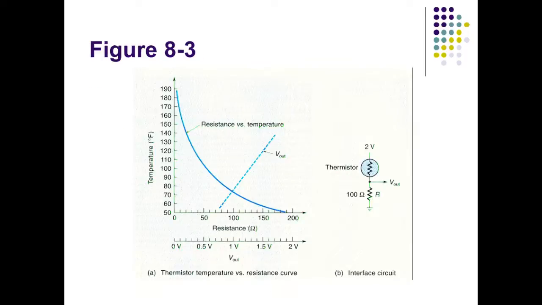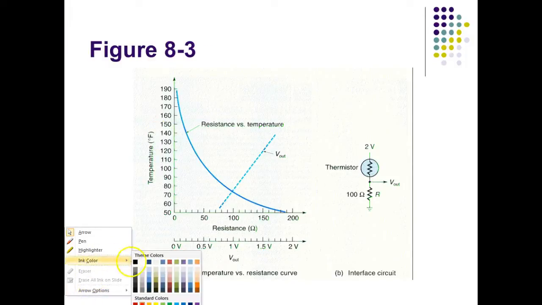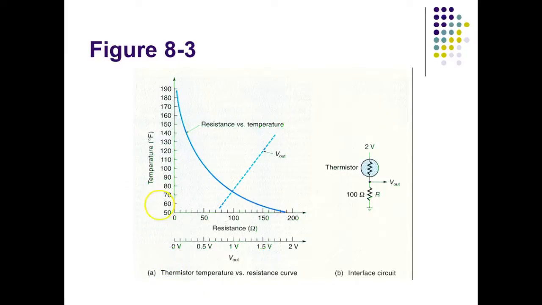Unfortunately, these things are not linear, which means when their resistance changes relative to temperature, and this is figure 8-3 in the textbook, which gives us an example of an NTC thermistor, over here on this side, of course, we have temperature, and on this side we have the resistance. This was in ohms, but this would vary depending on what type of thermistor you have. And notice as the temperature goes up, resistance goes down.